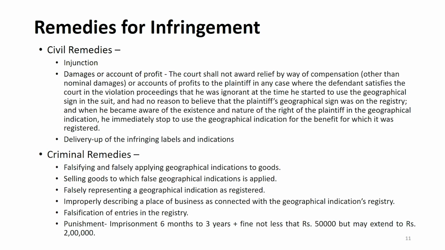The court shall not award relief by way of compensation other than nominal damages or account of profit to the plaintiff in any case where the defendant satisfies the court in the infringement proceedings that he was ignorant at the time he started to use the geographical sign, and he had no reason to believe that the plaintiff's geographical sign was on the registry.